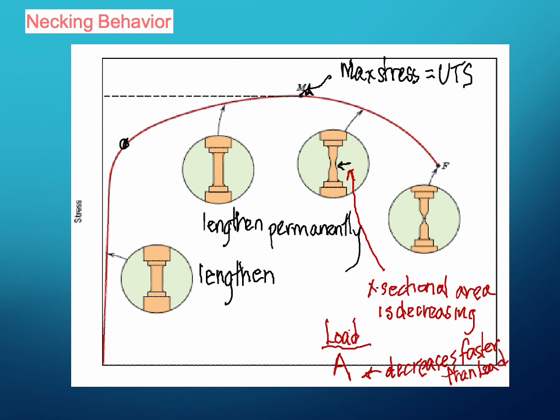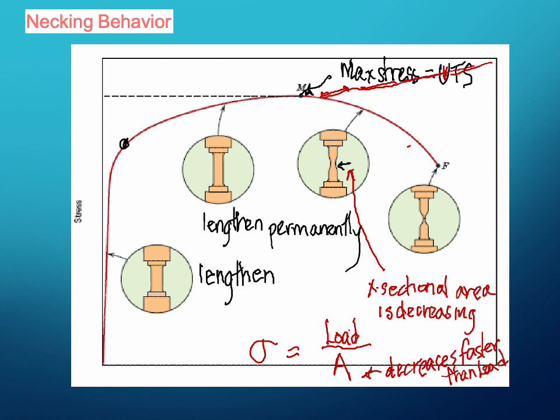And so if that's decreasing faster than load, then the stress ultimately is increasing. So I see this load level drop, but the stress level is actually continuing to rise. And so the true stress is continuing to increase like that until failure.